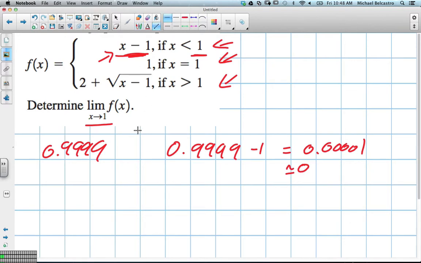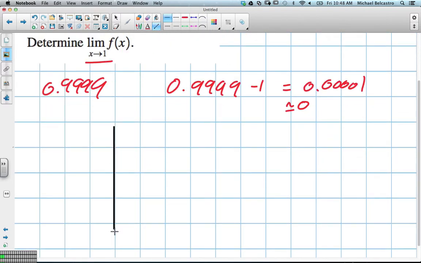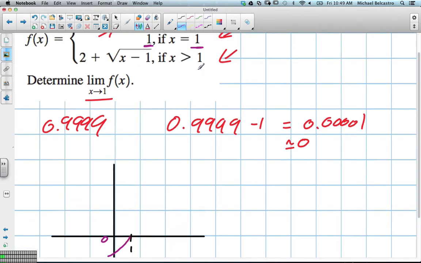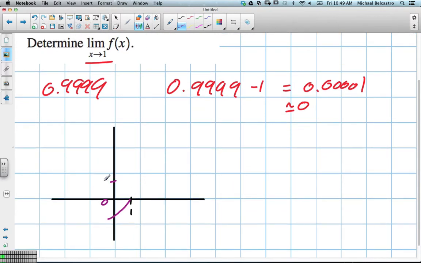If I try to plot this as we go through it, at our value of 1, which is very important, our function is probably increasing to about 0 on our y-axis. Now at the value of 1, it says x is 1, which means when I'm actually at 1, my y value is 1, so I'm going to put a point there. We have a little hole here at 1 for the other part of the function.